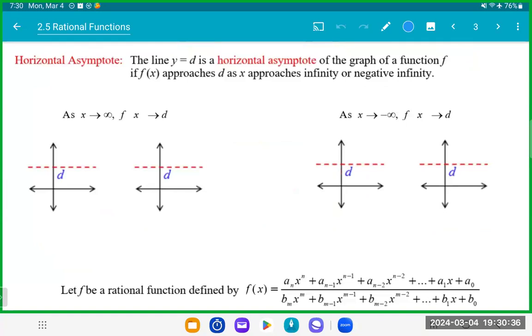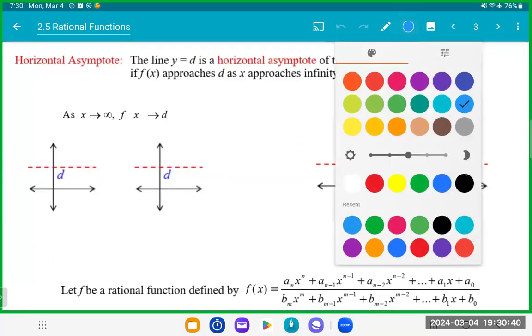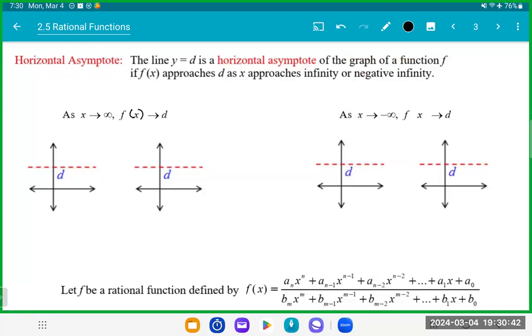Okay, so let's look at horizontal asymptotes. When we're looking at horizontal asymptotes, this line is a horizontal asymptote if the function approaches D as x approaches infinity or negative infinity.